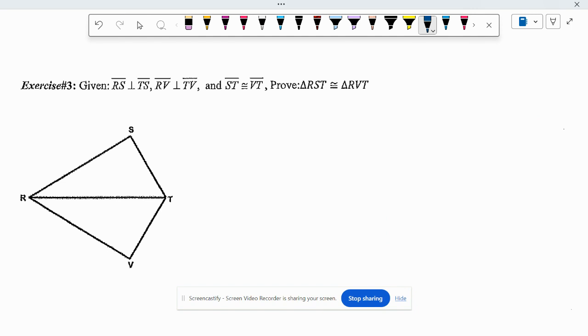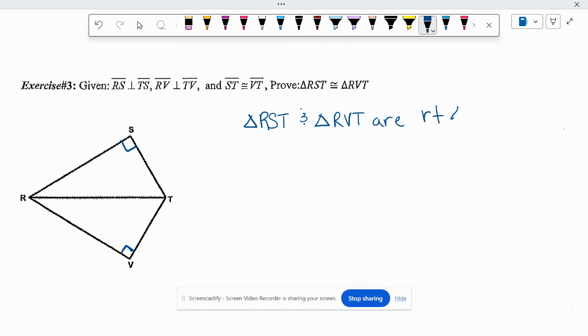So it starts off by saying given segment RS is perpendicular to segment TS. So that means that I have a right angle. It also says that segment RV is perpendicular to segment TV. So I have another right angle. So the first thing I'm going to do is say that triangle RST and triangle RVT are what kind of triangles?